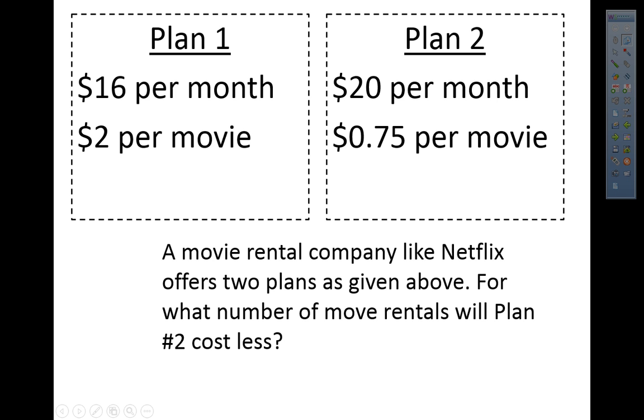This will be the left side of your inequality, and this will be the right side. Who could tell me what the left side of the inequality might look like? Go ahead, Jess.